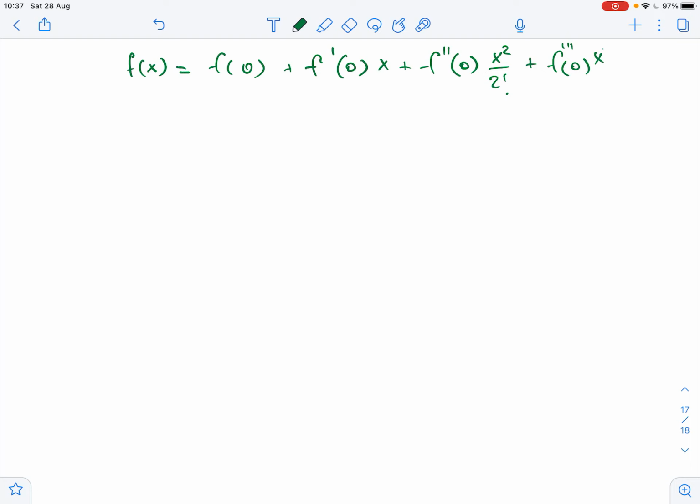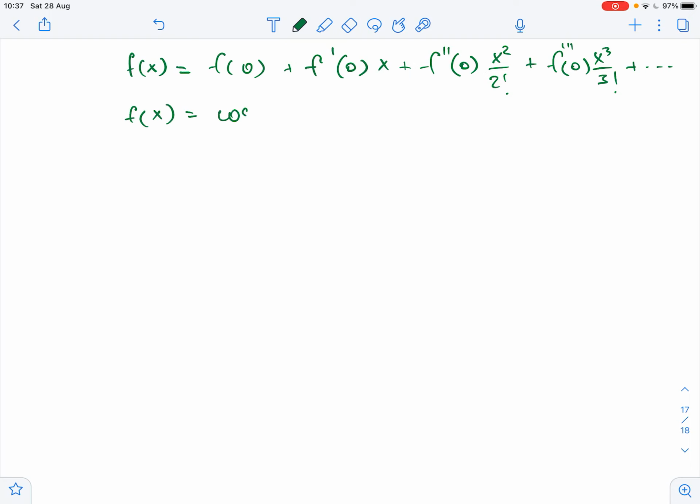So the Maclaurin series of a function f of x is given by f of x equals f of 0 plus f prime of 0 times x plus the second order derivative of f of 0 times x squared over 2 factorial plus the third order derivative of f of 0 times x cubed over 3 factorial, and so on.